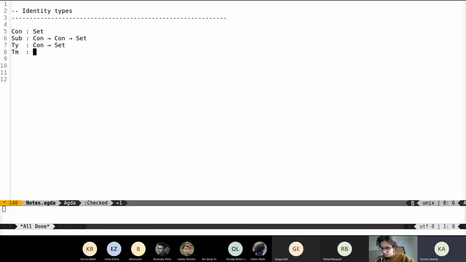And then we look at identity types, and I thought it would also be good to write some Agda. There are a bunch of examples where it is a lot easier to write Agda code than to write informally.